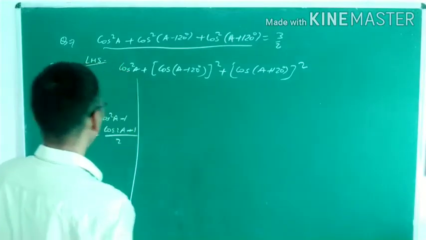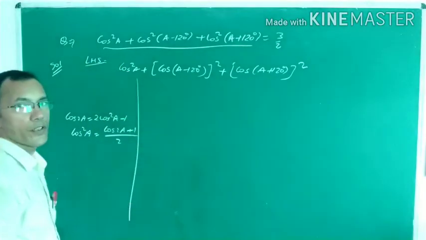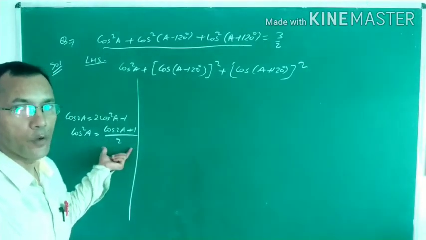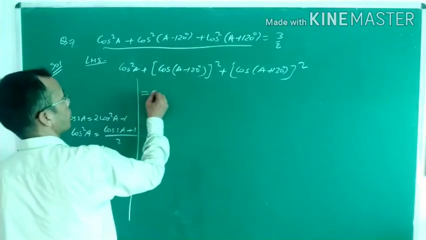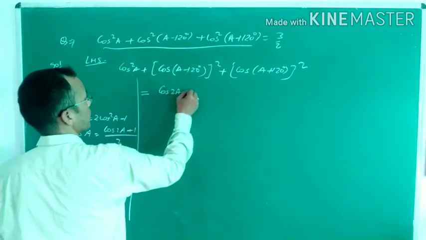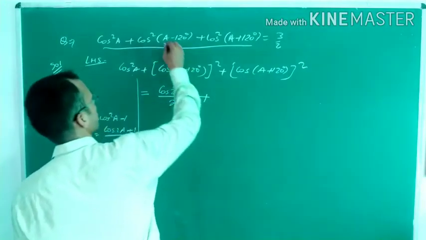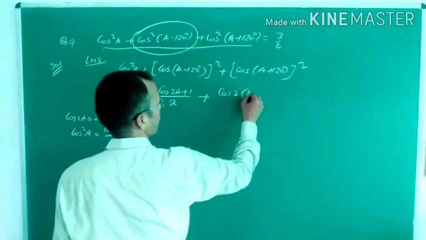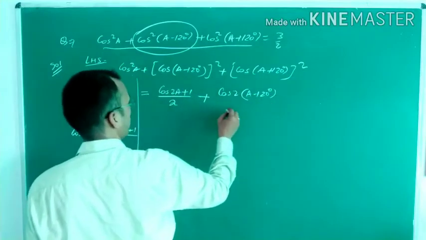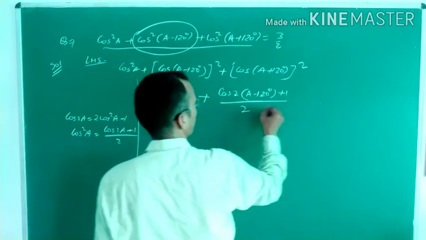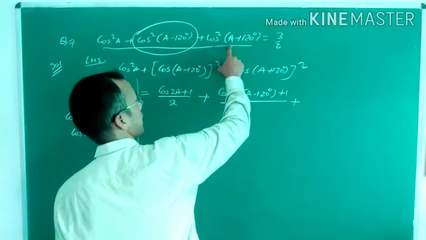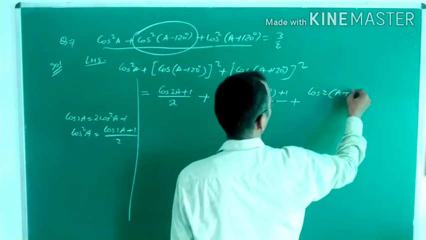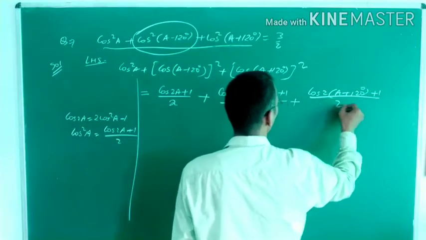Now if I put the value of cos squares, without the squares, the first term is (cos 2A plus 1) upon 2, then plus (cos 2(A minus 120 degrees) plus 1) divided by 2, and the third one is cos square of (A plus 120 degrees), so (cos 2(A plus 120 degrees) plus 1) divided by 2, right?